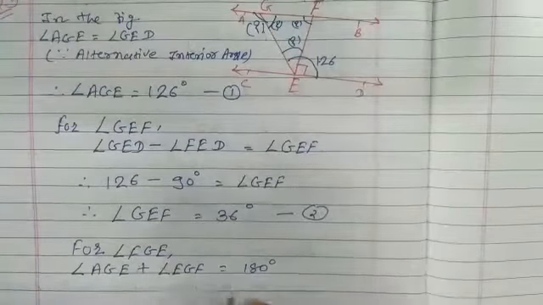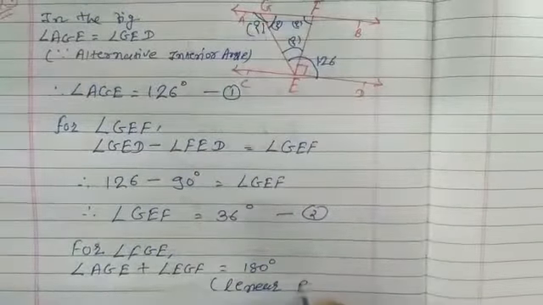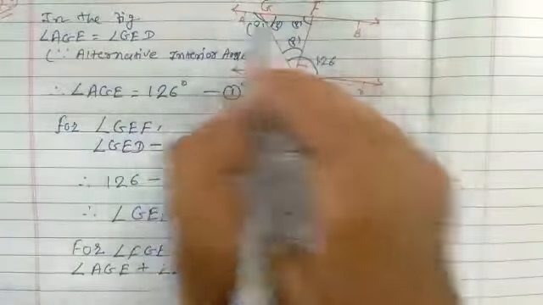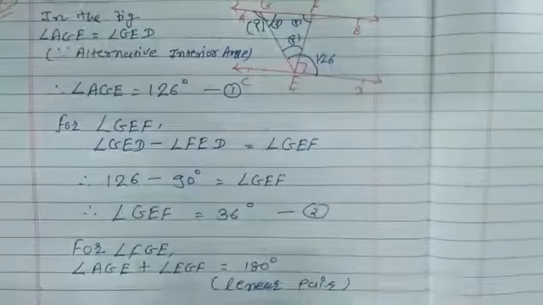Why? Because of the linear pair axiom. This is the linear pair, AGE and EGF.